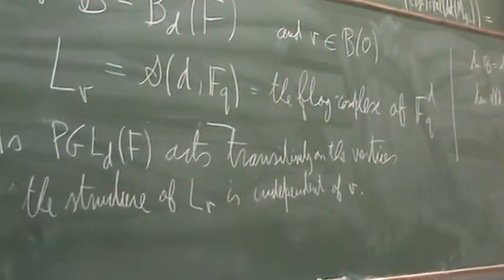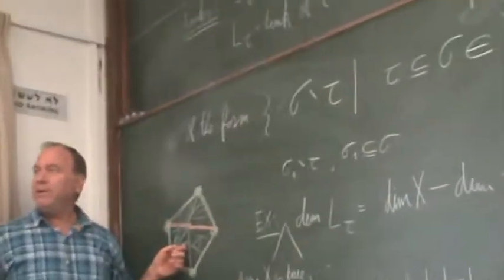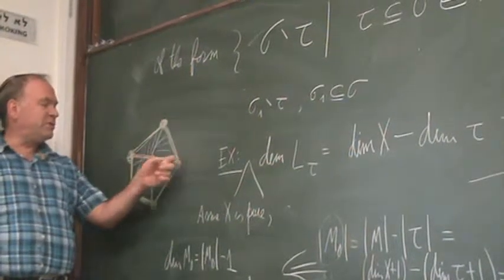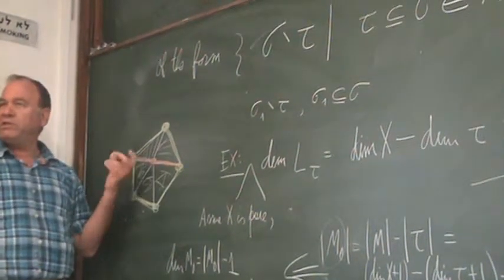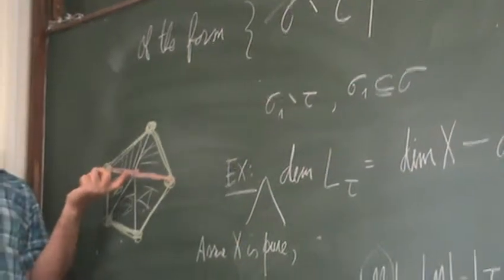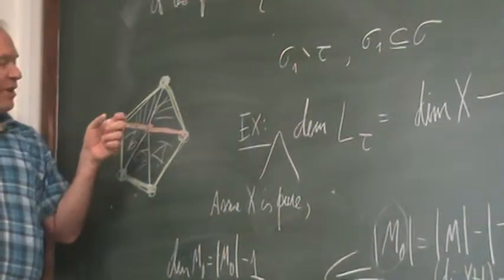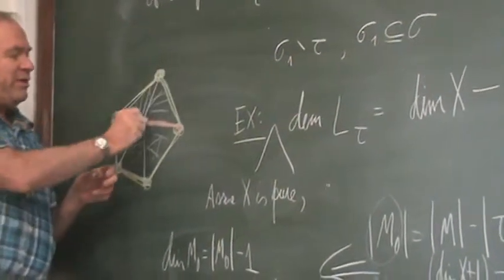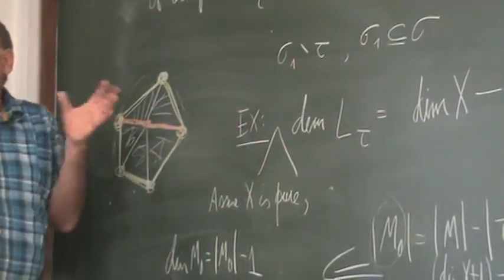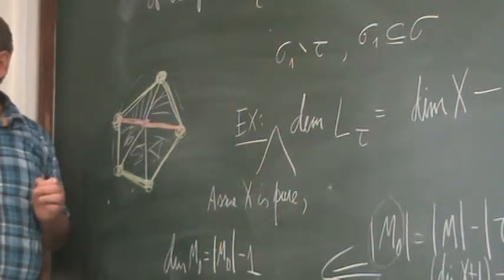You see, in the example I showed you before, the link of this vertex was this segment of two edges and three vertices. The link of this one was this pentagon. So you see that the links can be very different depending on the vertices in a general simplicial complex.